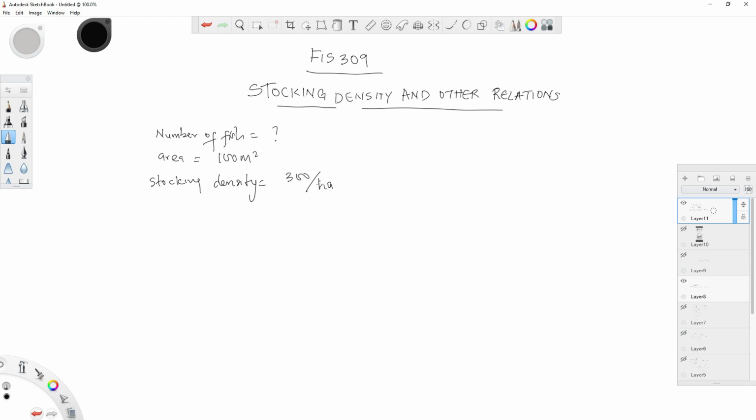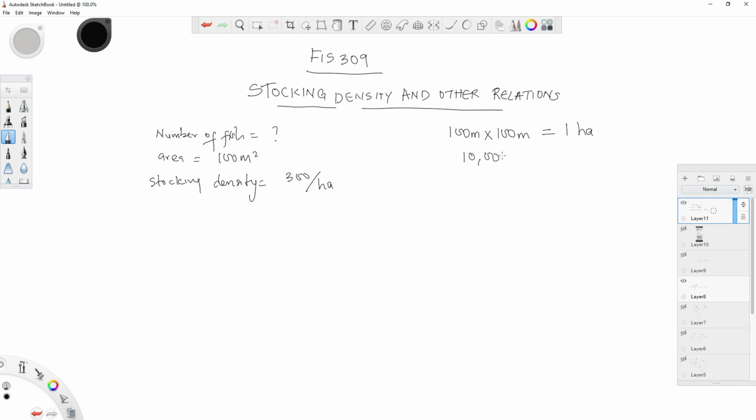Okay, now you need to know some relations. I believe this is where some relations come in. One of them is that you need to know that 100 meters times 100 meters gives 1 hectare.